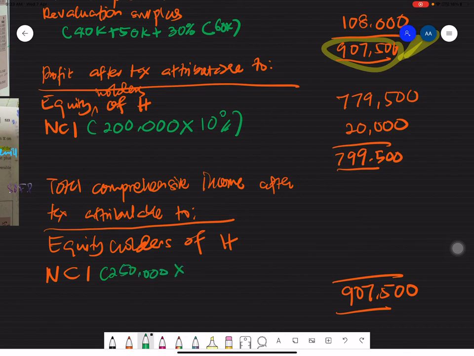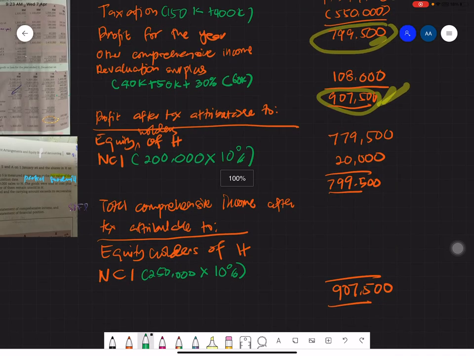So we need to divide that 250,000 between parent and non-controlling interest. We take non-controlling interest first. So we have 25,000.